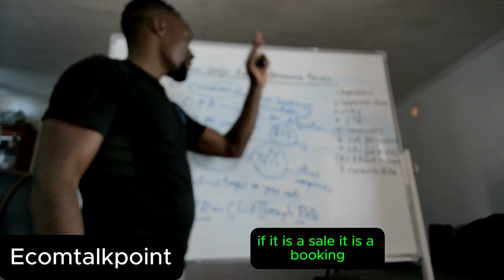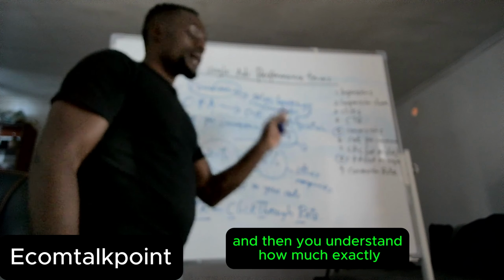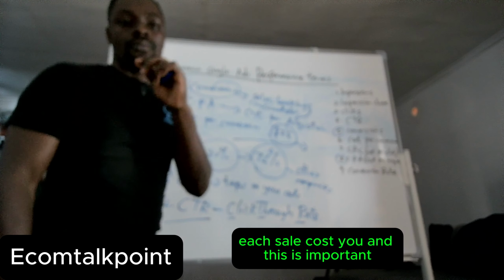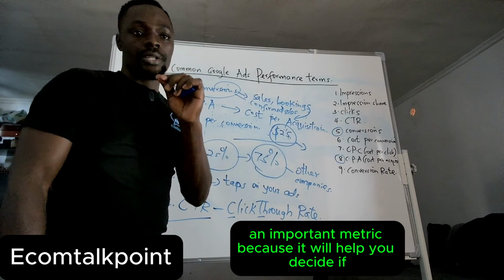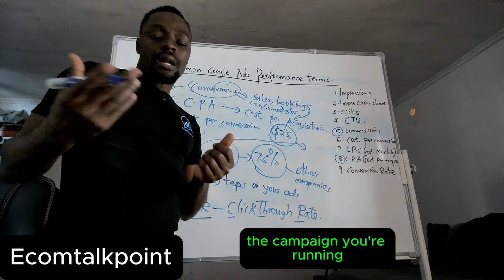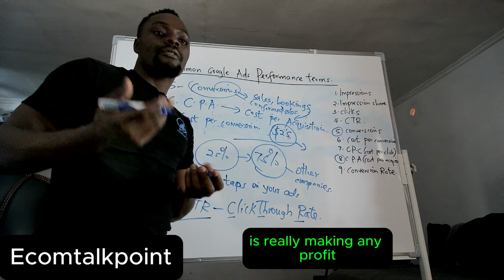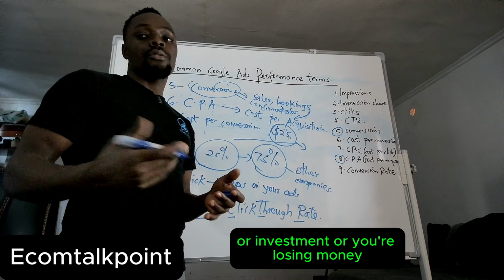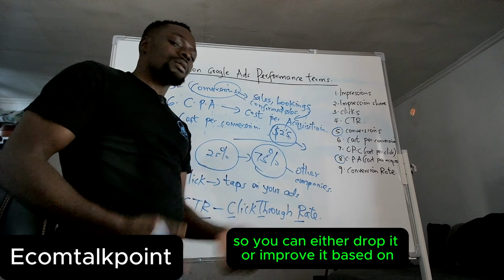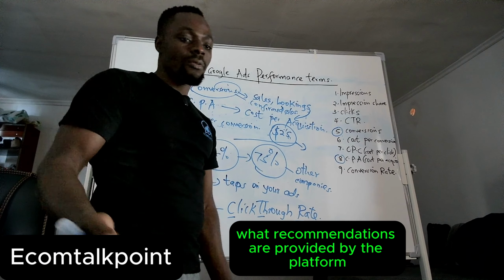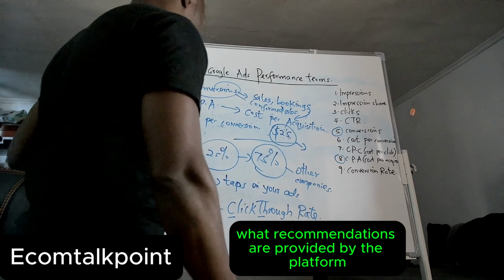If it is a sale, it is a booking, and then you understand how much exactly each sale cost you. And this is an important metric because it will help you decide if the campaign you are running is really making any profit. You're getting a reasonable return on ad spend or investment, or you're losing money, so you can either drop it or improve it based on what recommendations you're provided by the platform.